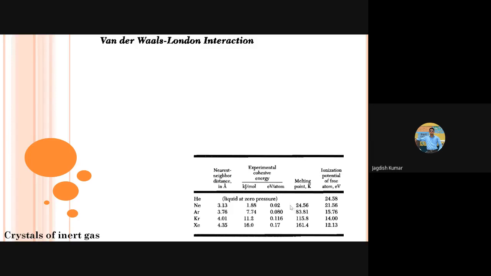That is, if any substance is in solid form, it means the potential energy is stronger than the kinetic energy of the atoms, and it is the potential energy which holds them together. So potential energy is dominant.